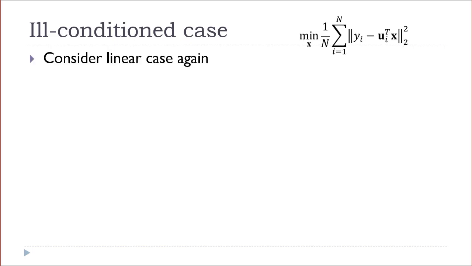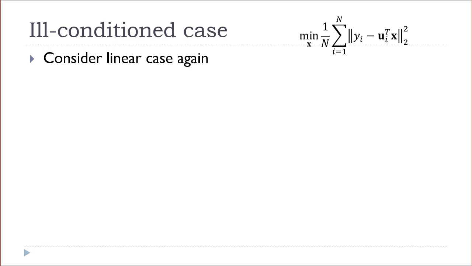It is possible for the least squares problem to be ill-conditioned. Suppose for simplicity that we are considering the linearly parameterized function class, so that the least squares problem is written as min over x of 1 by N summation i equal to 1 to N norm square of yi minus ui transpose x.